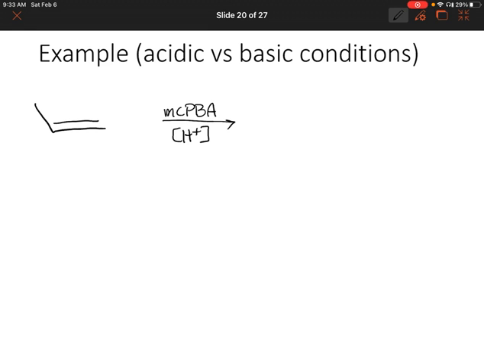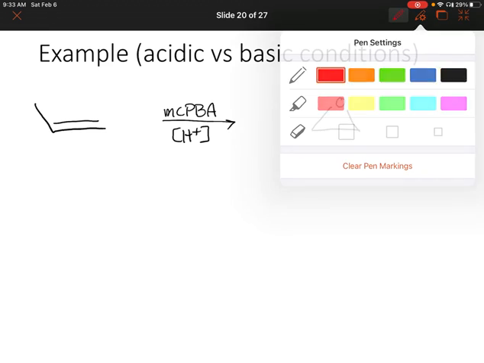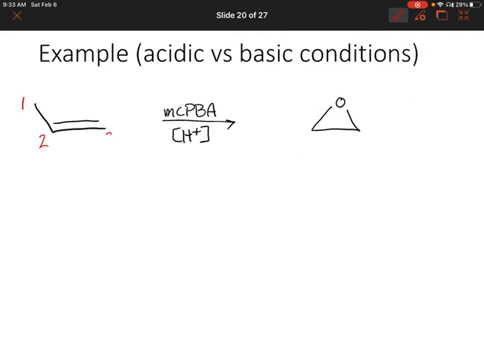Okay, so let's see. We know that if we add MCPBA, we're going to form an epoxide across the double bond. Okay, and I'm going to number my carbons 1, 2, 3. So if I'm adding my epoxide across the double bond, I still have one carbon off to the side.